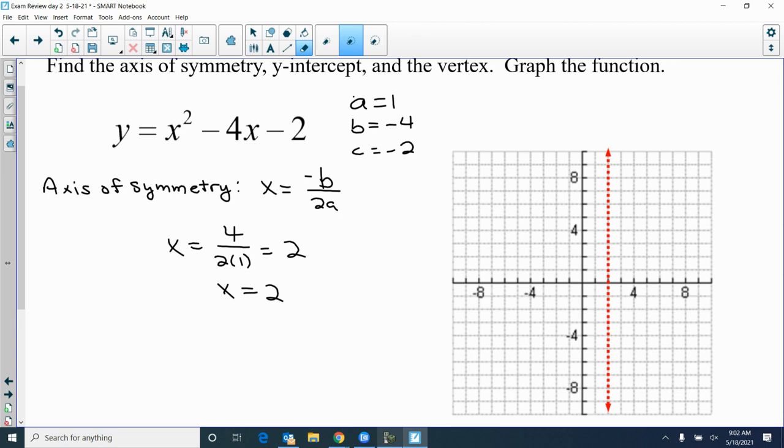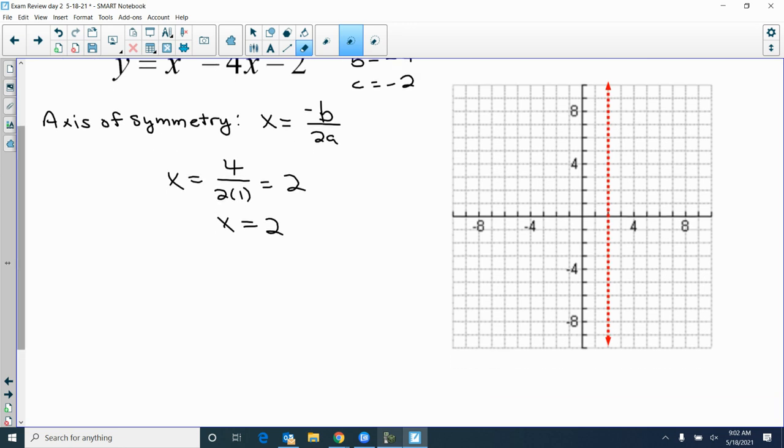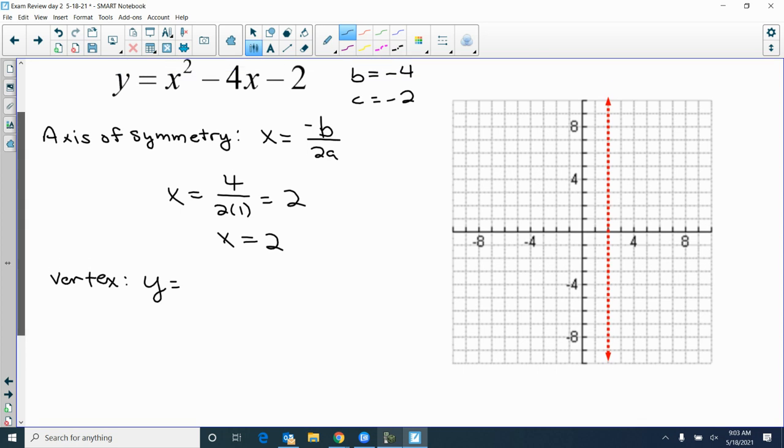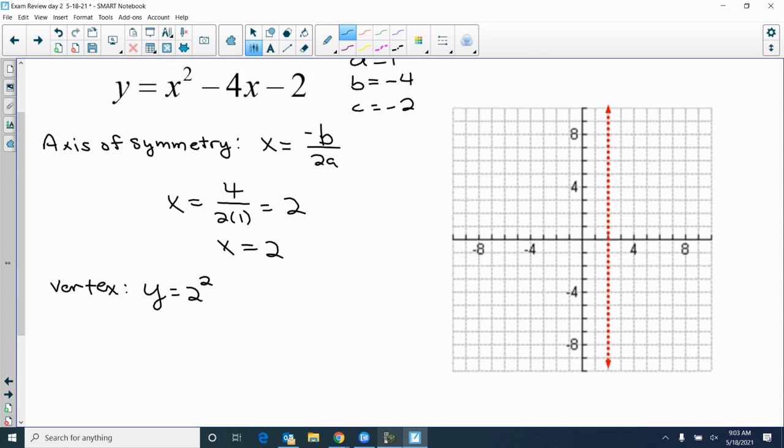All right, vertex. Anybody remember what we do now? Find the vertex. The vertex is a point. Did you plug the axis of symmetry in? Yes, you plug the axis of symmetry into the equation. So where it says axis of symmetry for you, you need to put x equals 2. Then to find the vertex, you take x equals 2 and you plug it in into the equation wherever there's an x.